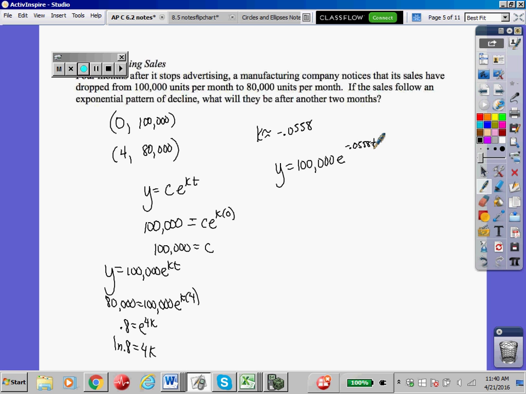Then it says, if the sales follow an exponential pattern of decline, what will they be after another 2 months? You plug in 6, because it's already been 4 months. Good catch here. So we're going to do y equals 100,000 e to the -0.0558 times 6.